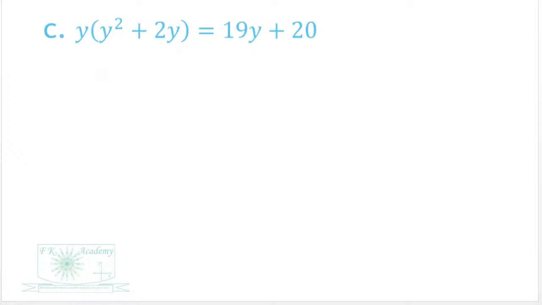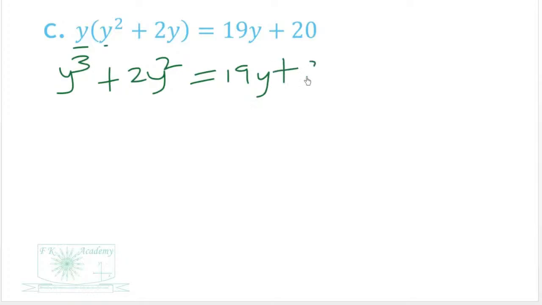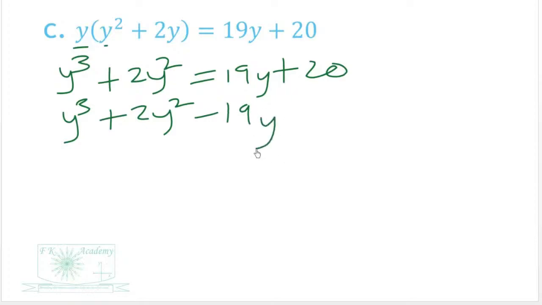With the third cubic equation, we must first of all expand using the distributive property. We have y cubed plus 2y squared is equal to 19y plus 20. So we rewrite to obtain y cubed plus 2y squared minus 19y minus 20 equals 0.